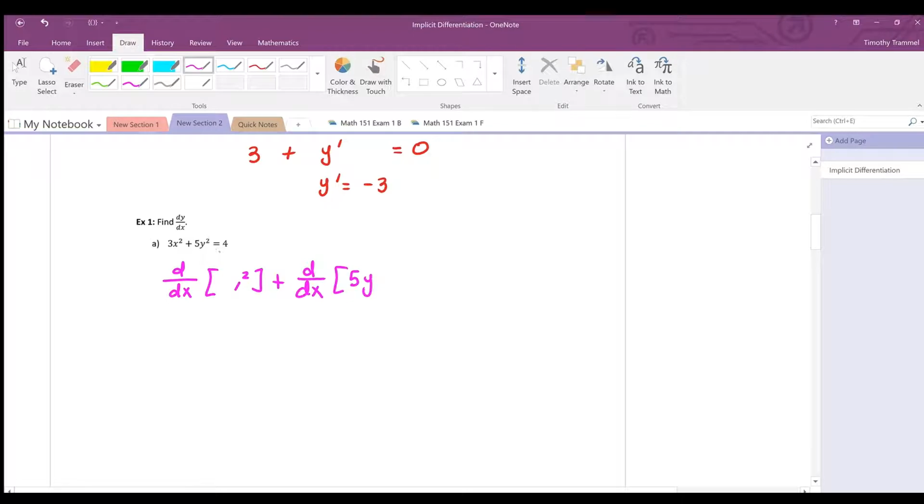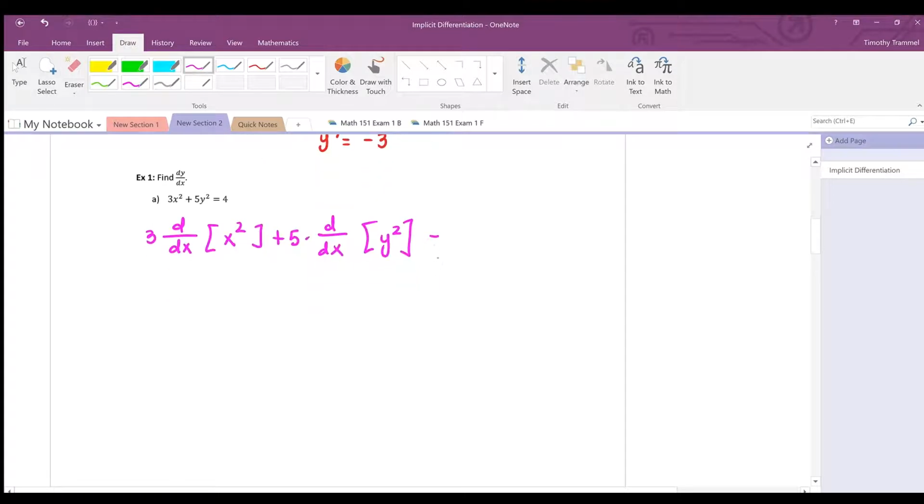I'll even pull those constants out for a minute. Pull out the 3, because we know we can do that with our derivatives. Let's do that here too: 5 times d dx of y squared, and then is equal to the derivative with respect to x of 4.